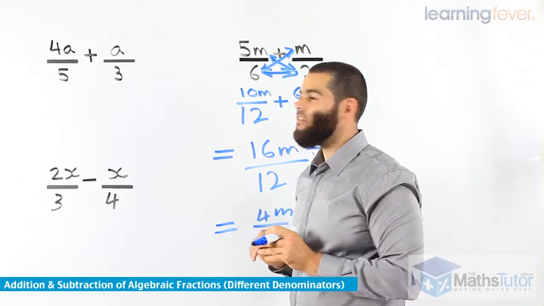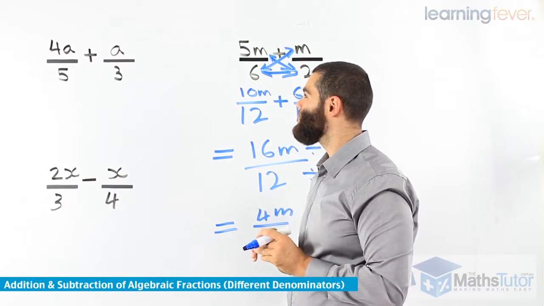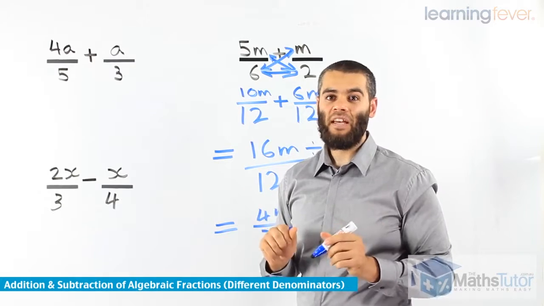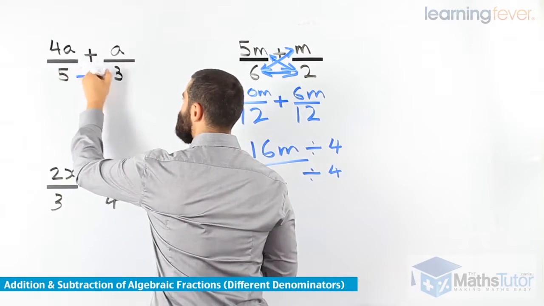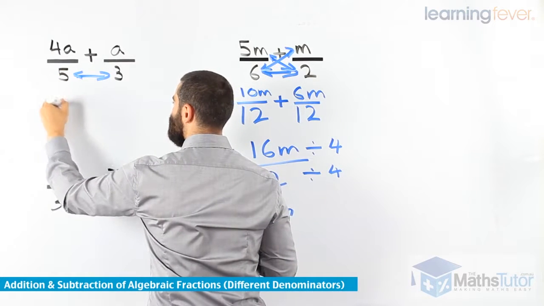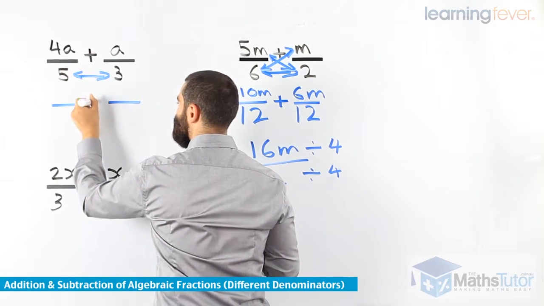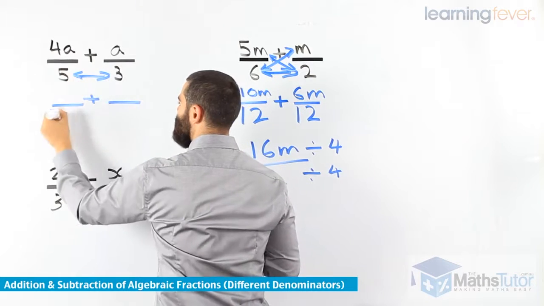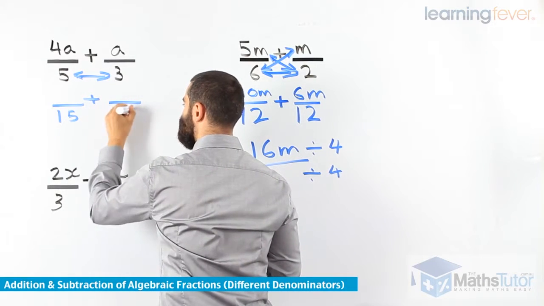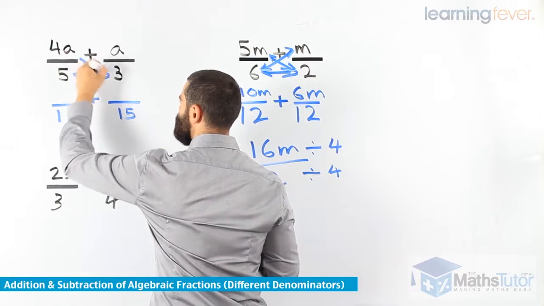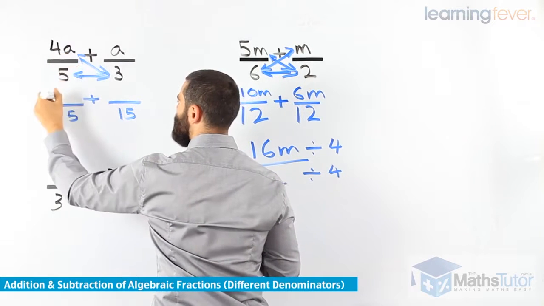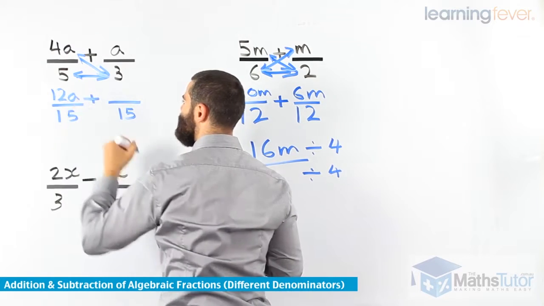4a over 5 plus a over 3. We notice again that the denominators are different. We make them the same. We multiply denominators first. 5 times 3 is 15. Then numerator times denominator. 4a times 3 is 12a.